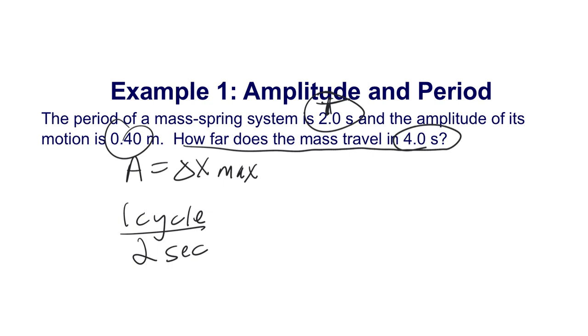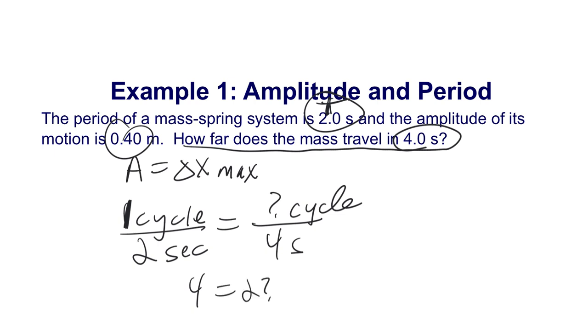Frequency isn't changing. So we can make a ratio. How many cycles happen when you do 4 seconds? I could do dimensional analysis. So cross multiply, 4 times 1 equals 2 times question mark. So the question mark is 2 cycles.